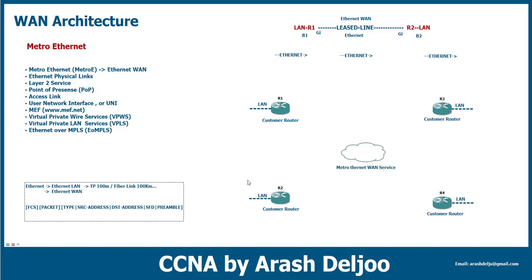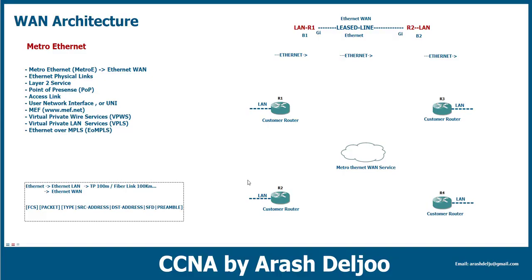Because of that, we can say today we are using fiber links between the different sites of our company. But about the Ethernet WAN, we cannot establish the fiber link between the two sites ourselves, because it is not possible, for example, to create one fiber link between city 1 and city 2.